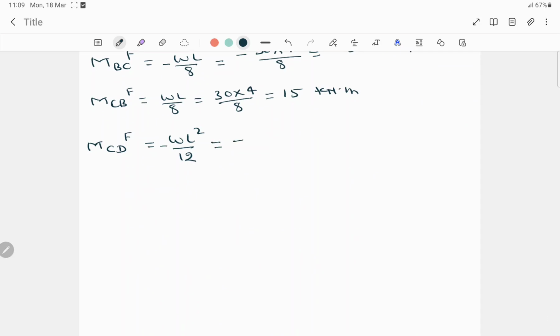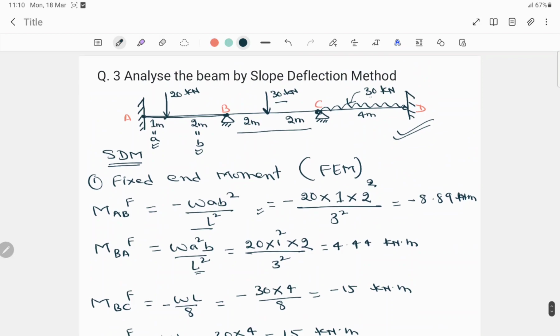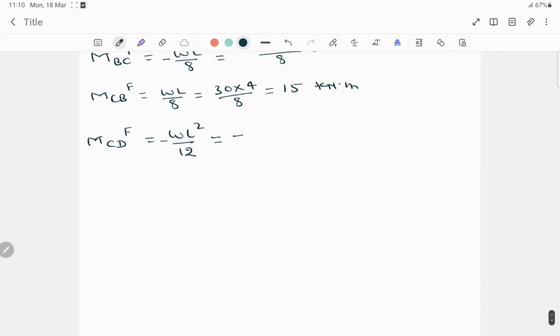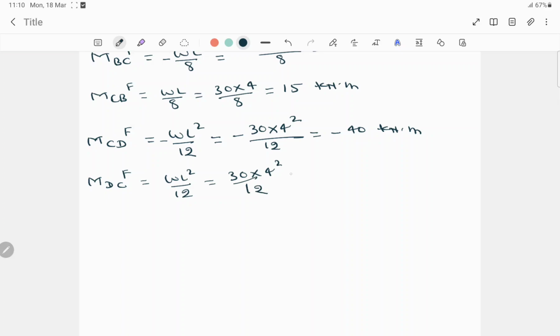W is 30 and the span is 4, so minus 30 into 4 square divided by 12, and we'll get the answer around minus 40 kilonewton meter. And lastly, the fixed end moment from D to C will be positive from right to left: WL square by 12, which is 30 into 4 square by 12, equal to positive 40 kilonewton meter.